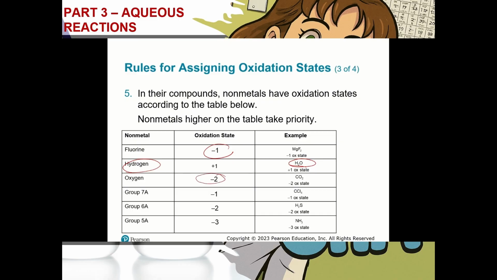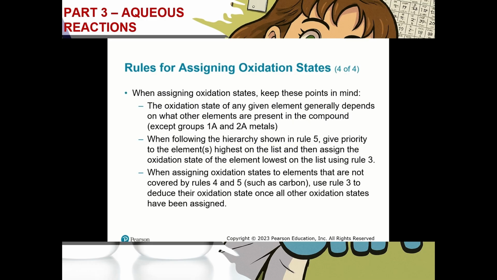Okay, and group 17 or 7A is -1, group 6A is -2, group 5A is -3. And you know that because we talked about it when I talked a little bit about the periodic table, right? So when you assign oxidation states, keep this in mind.